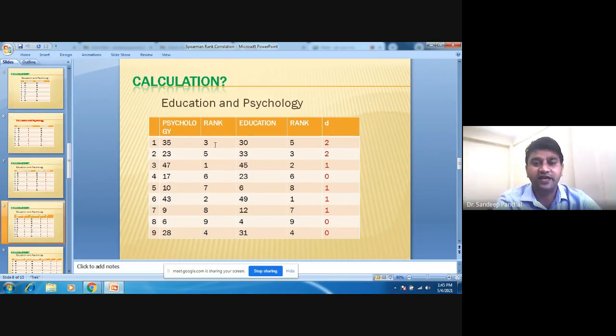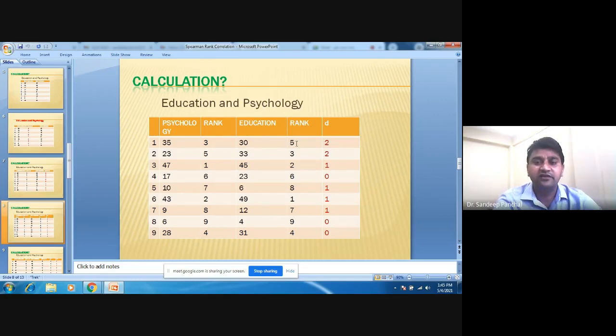We can calculate the rank difference by observing the rank of the first psychology student and the education student. Which rank is higher between psychology and education? You will find 5 for education and 3 for psychology.